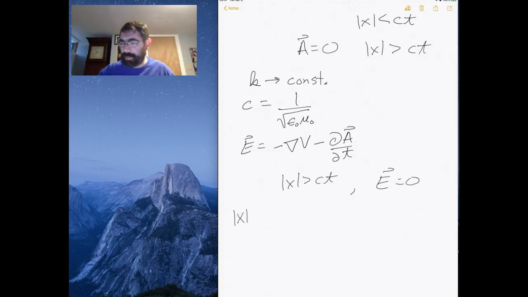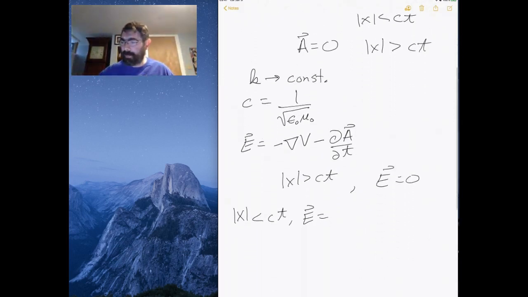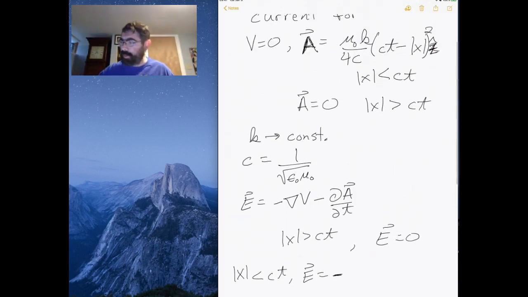For x less than ct, my electric field has the gradient of V, which is just 0 since V is 0, minus the time derivative of this function right here.